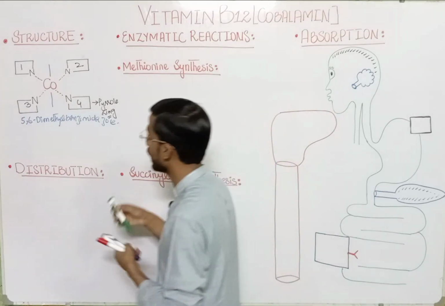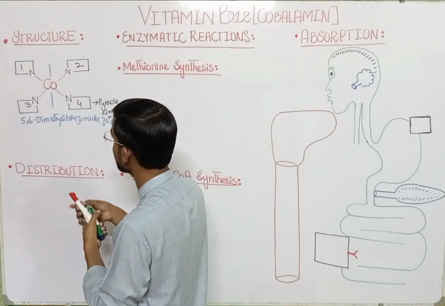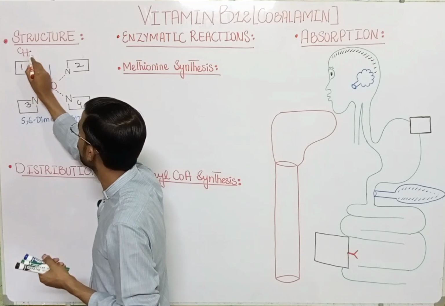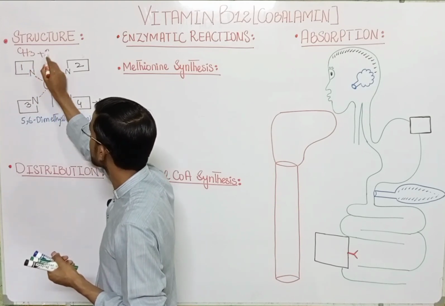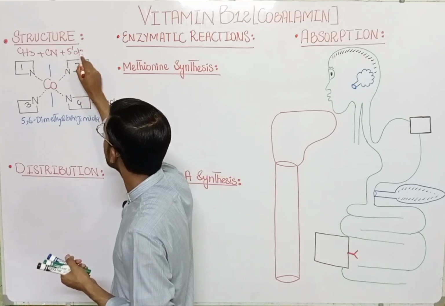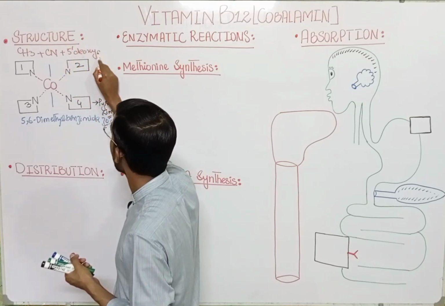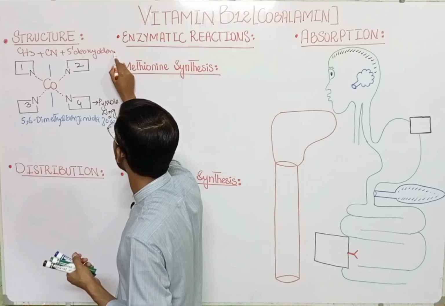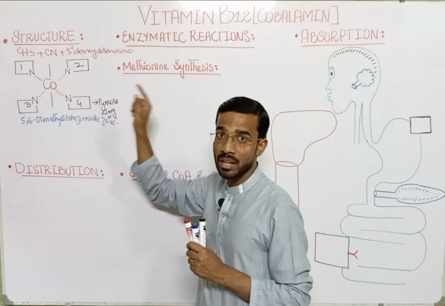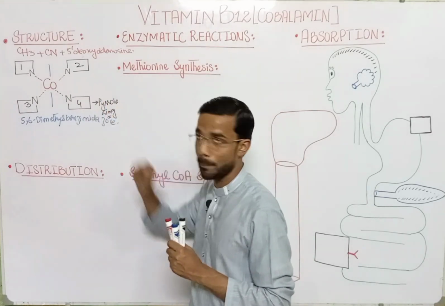It can attach to either a methyl group, a cyanide group, or 5' deoxyadenosyl. So one of these 3 compounds can attach to the upper side.